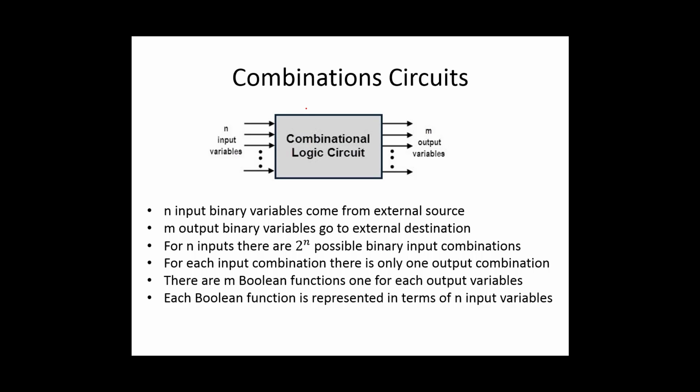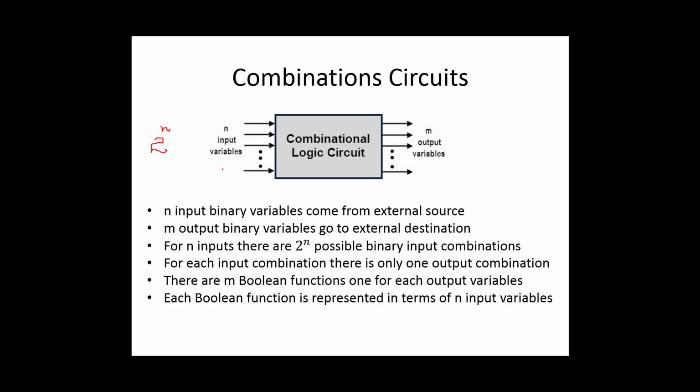So this is a general structure of a combinational circuit. We have n input variables and m output variables. The n input binary variables receive information coming from the external source, and since there are n possible input variables, the total number of possible input combinations is 2 raised to power n.